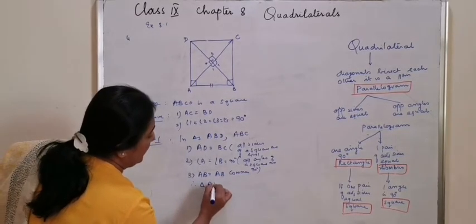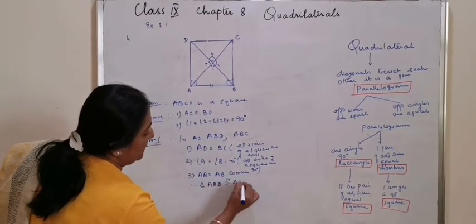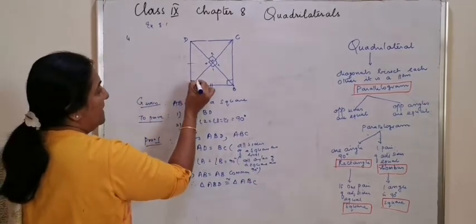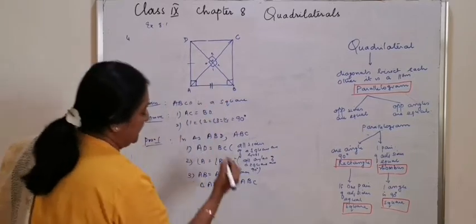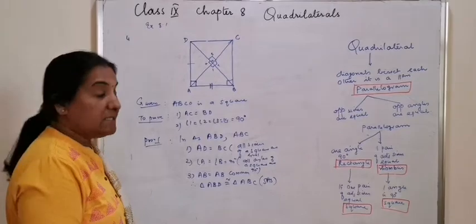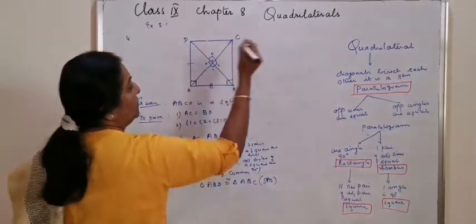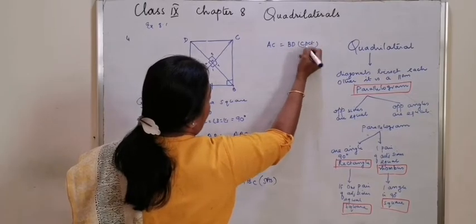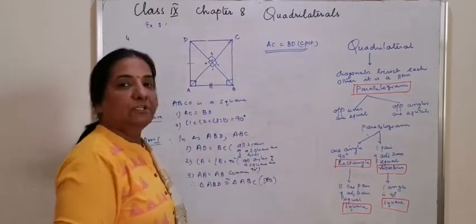Therefore, triangle ABD is congruent to triangle ABC by SAS. Immediately AC is equal to BD by CPCT. That is the first part of the proof.